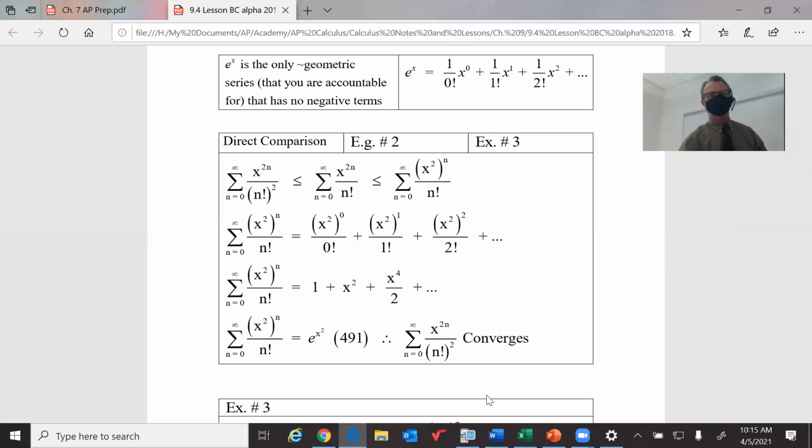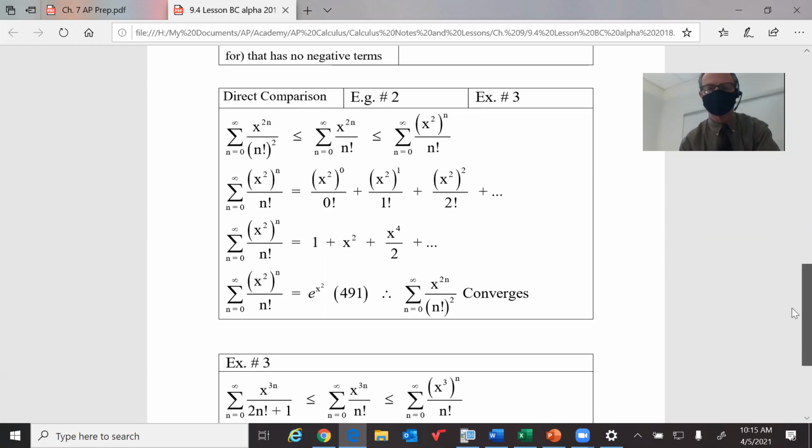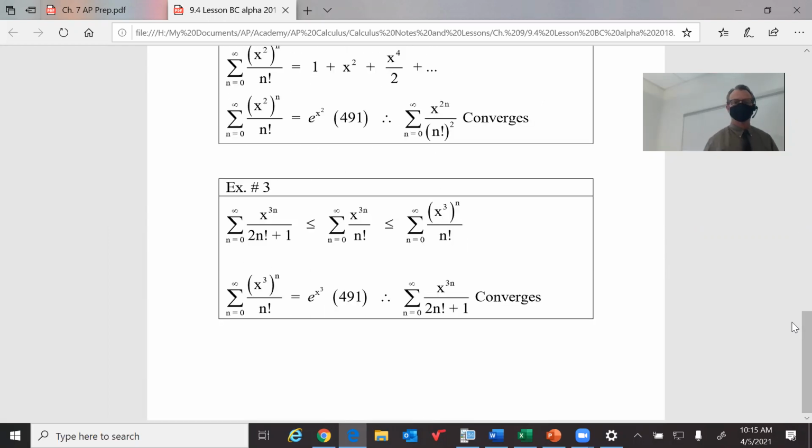So this is pretty transparent. Why? Because there's only one thing you're accountable for if they ask you direct comparison. So it's the same question with different terms. It's x to the 3n. You're just replacing the 2 with a 3. So that's e to the x, where x has been replaced by x to the 3rd.